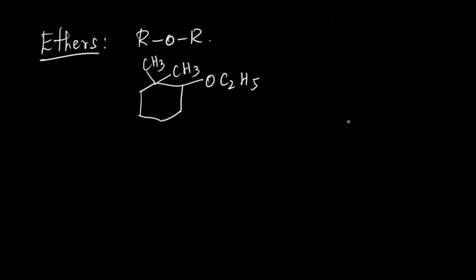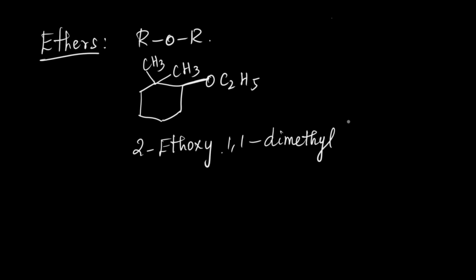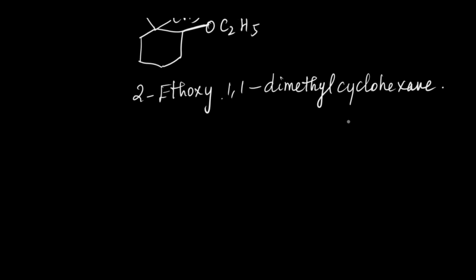Start with the smaller groups which is attached to oxygen. So 2-ethoxy, okay, this part. Then 1,1 dimethyl cyclohexane, right?